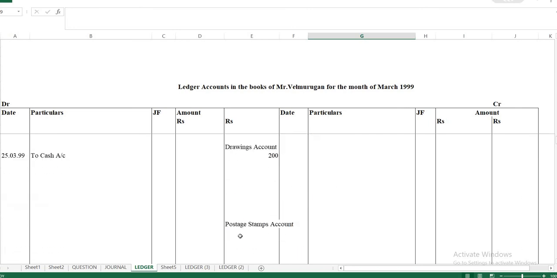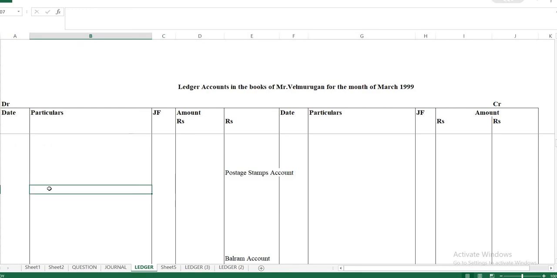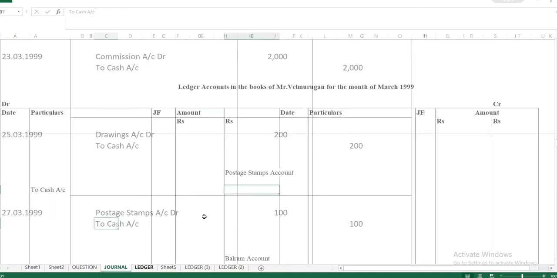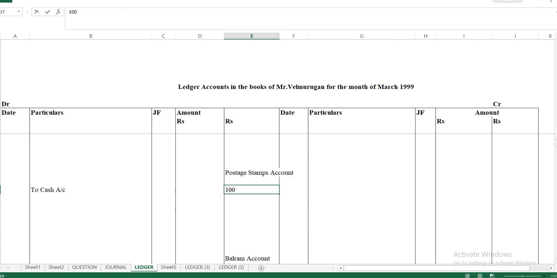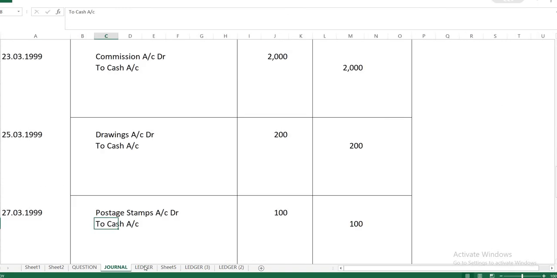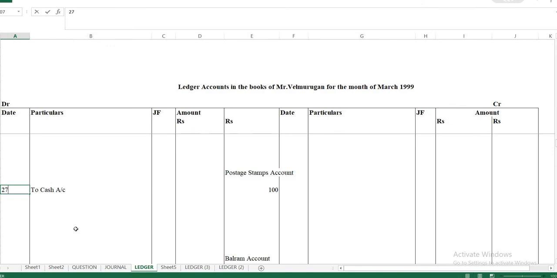Here you have to mention to cash account. That amount has to be filled over here. The amount is 100 rupees, and you have to mention the date, which is 27th March.